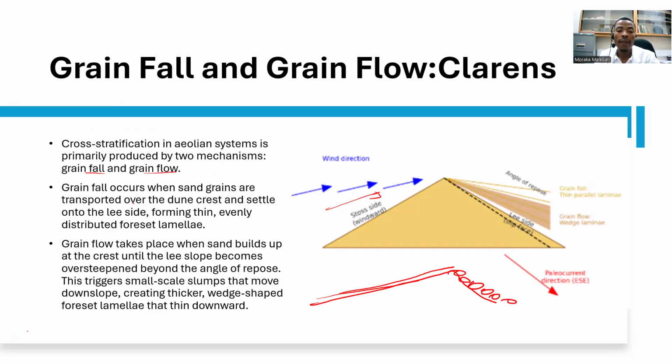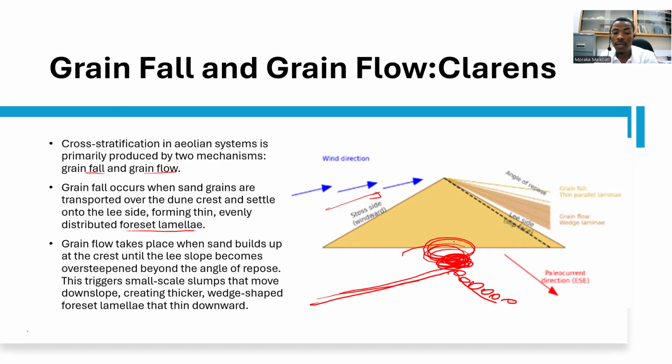They settle onto the lee side, forming thin, evenly distributed foreset laminae. Grain flow takes place when sand builds up at the crest until the lee slope becomes oversteepened beyond the angle of repose.